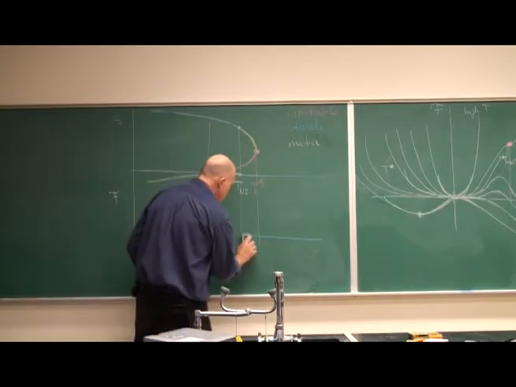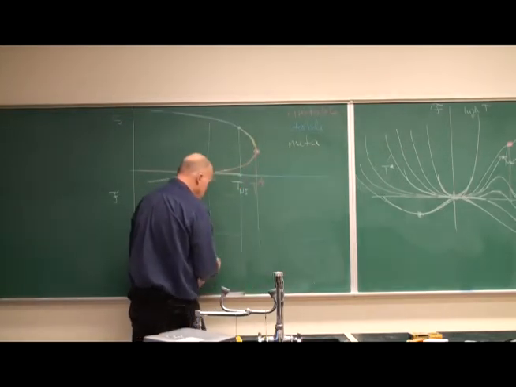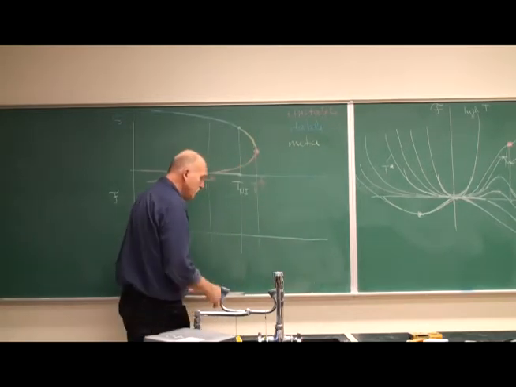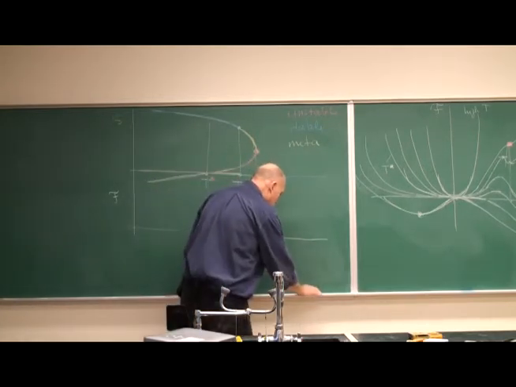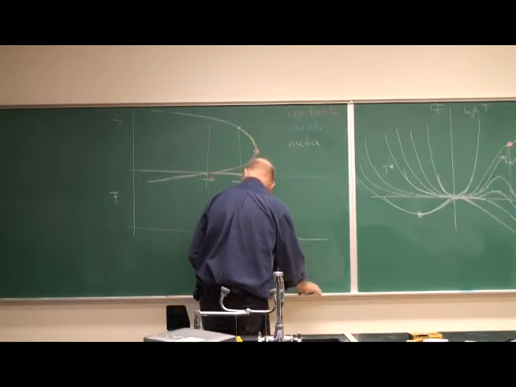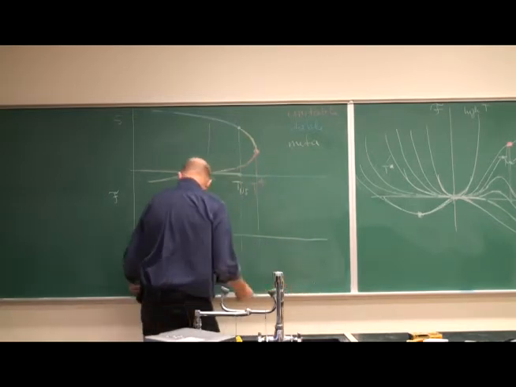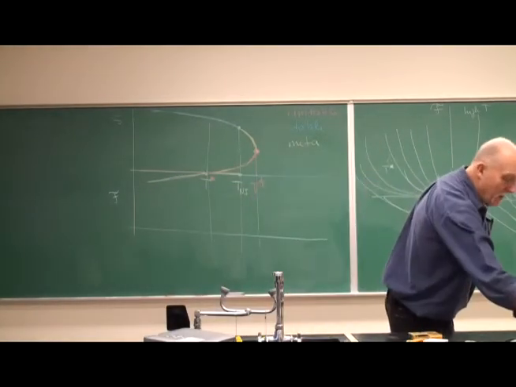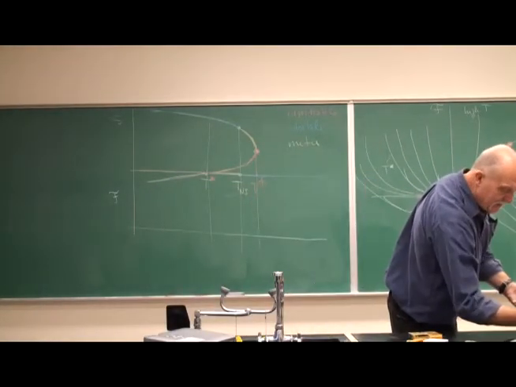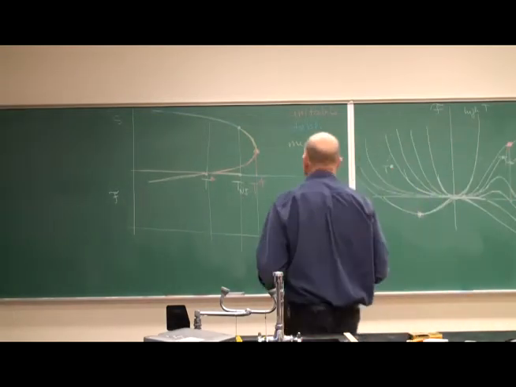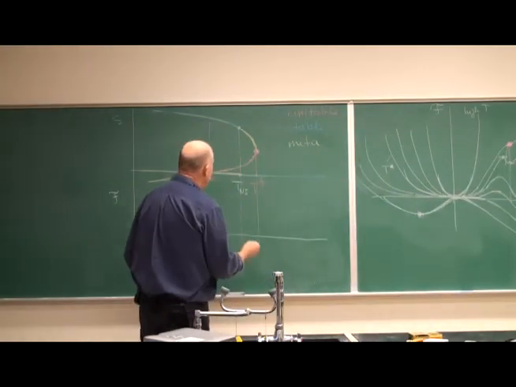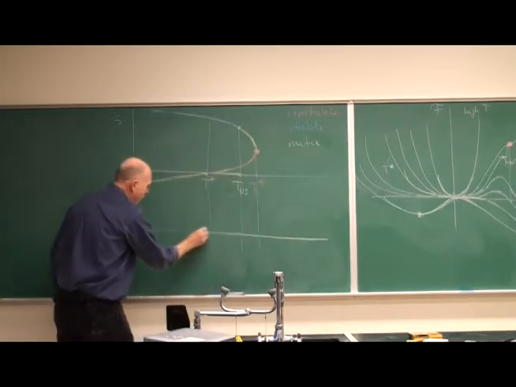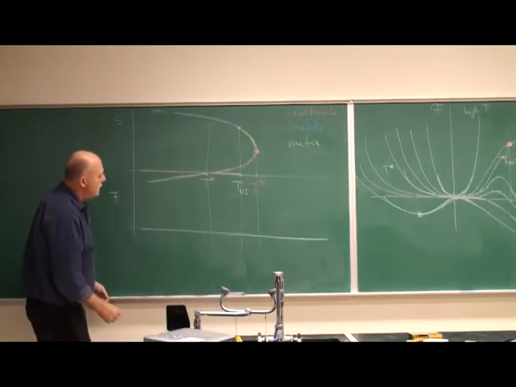Maybe I should use different colors for this, because we're not talking about stability, we're just talking about different solutions. All right, orange, green, what else? Brown. All right. So let's do the isotropic solution. Is this one here? Free energy zero.